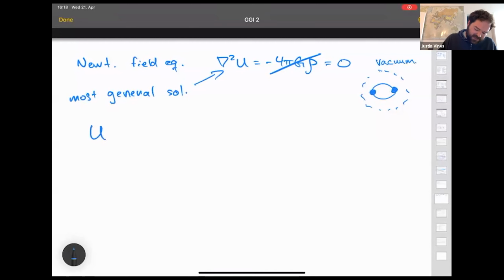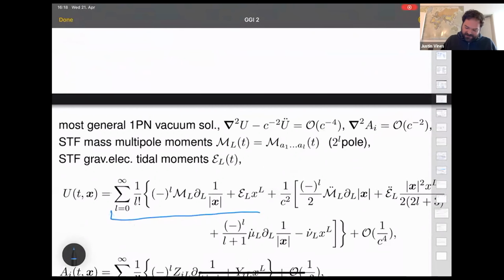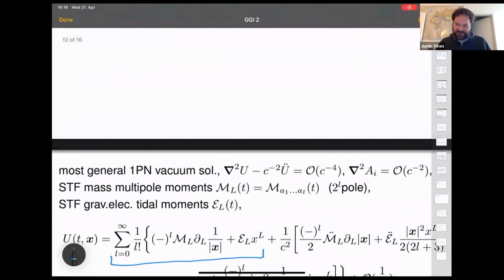In fact, there are many different ways to write this down, but bear with me for just a moment. Let me say, if I first just look up to there, I claim this is the most general solution to the Newtonian field equation, where of course I have to explain a bit the notation.